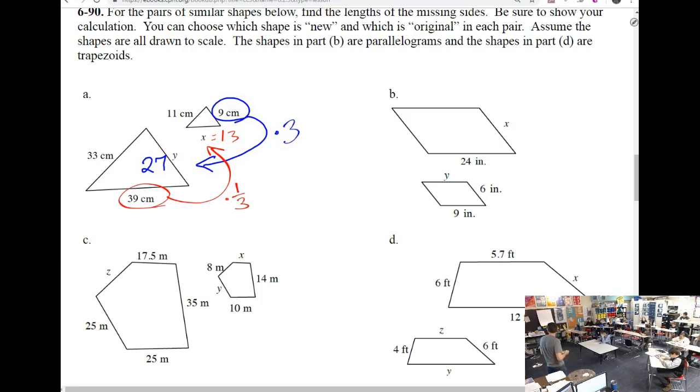Z, your choice. In B, give me x or y. x equals 16. So if I look at scale factor getting bigger, my scale factor is 24/9. Yeah? Okay. Kind of gross, right? It was like a really big number if you multiplied it on the calculator.